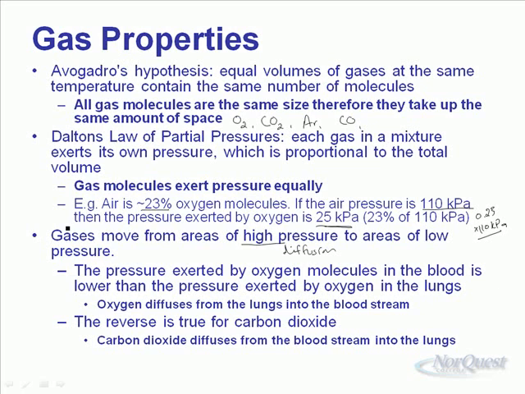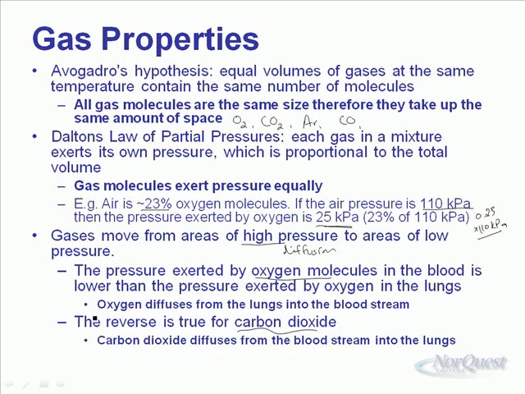And the same principle can be used when we talk about the movement of oxygen molecules and carbon dioxide molecules. It turns out that the pressure of oxygen in the air is higher than the pressure of oxygen inside of each one of our body cells.